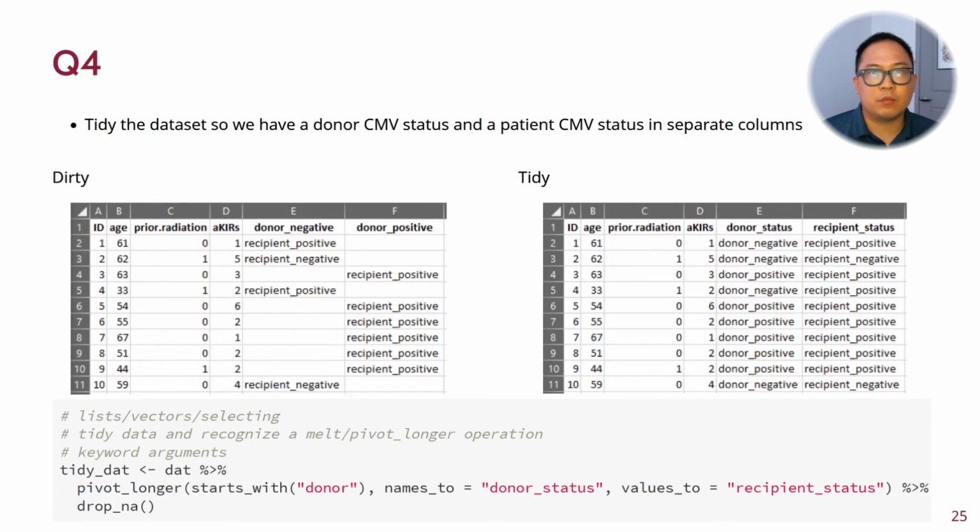So here's an example of a dirty and tidy form of our data set. And so here we would want them to know about lists, vectors, and how to select different columns. In our case, in the tidyverse syntax, they have to also know that this is going to be a pivot longer operation and how they can deal with keyword arguments.